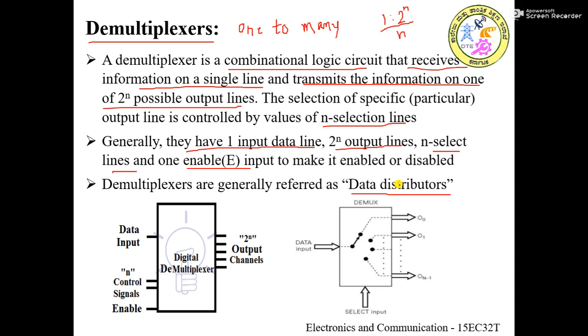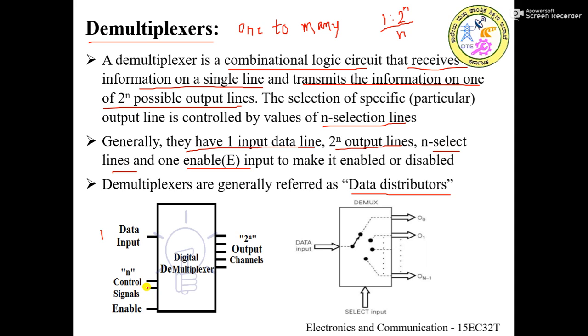Here it is exactly the reverse, that's why these are referred to as data distributors. You can see the logic system here. There is only one data input, there are 2 to the power of n possible output lines, and there are n control signals.